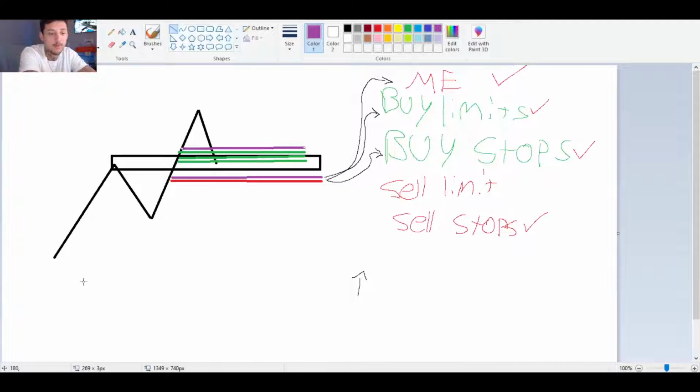right? So I'm going to write this out for you guys. So let me mark this off here. So we're going to put here the sell stop loss in blue. Well, blue is actually supposed to be here, right?